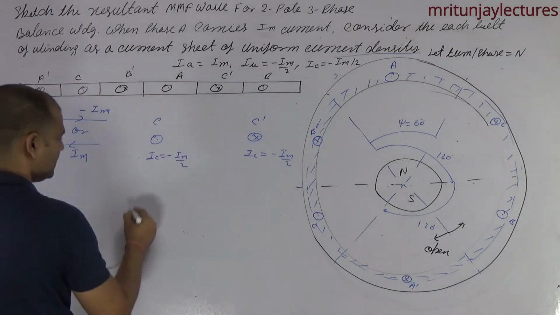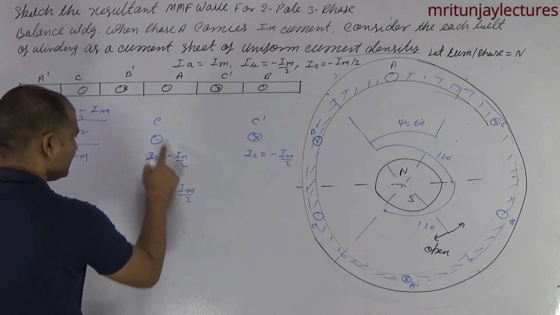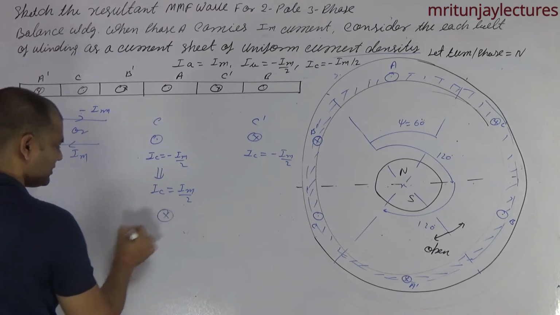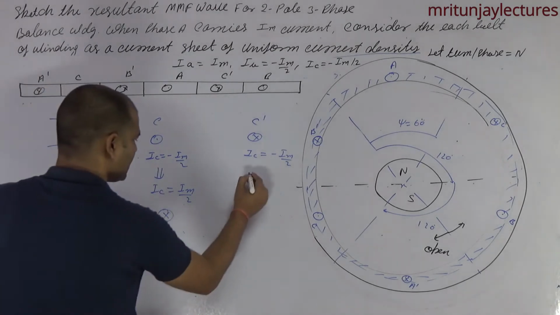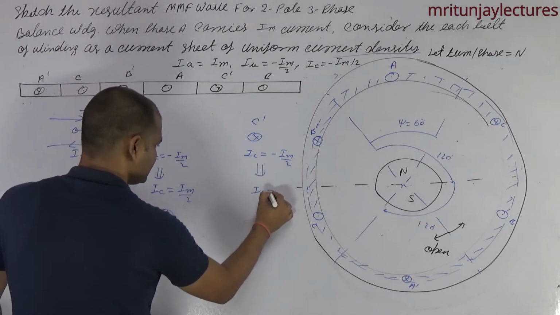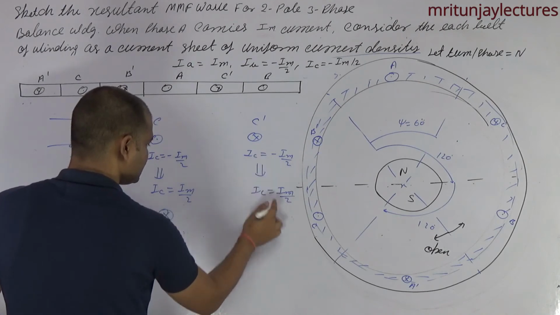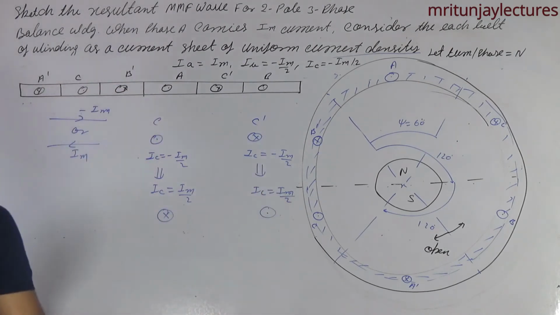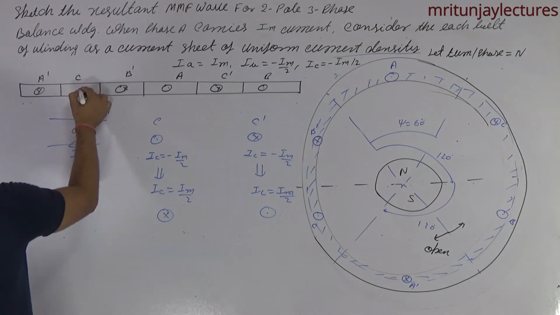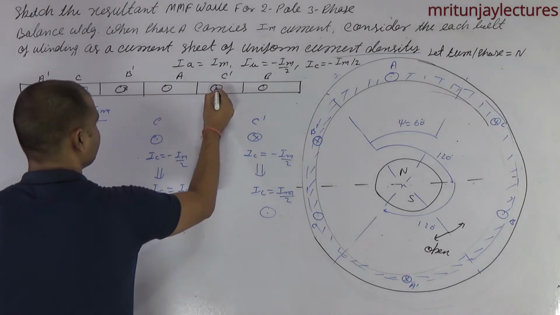If IC is written as plus Im by 2, what about the direction? The direction changes: if this is cross, it becomes dot. So cross and this is dot. Clear?